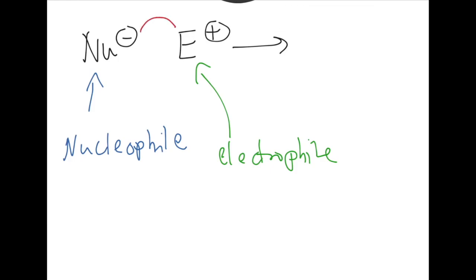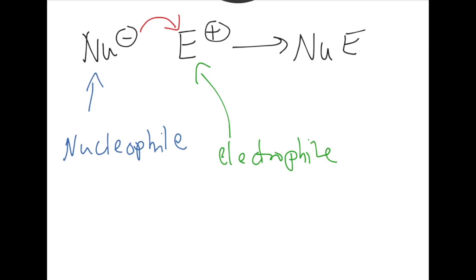Our nucleophile is going to give electrons to our electrophile and allow us to make something new. See what I did there? That's A+. Right? So that's most of our reactions, right? Is find the thing that has electrons, make it give those electrons to the thing that doesn't have electrons.